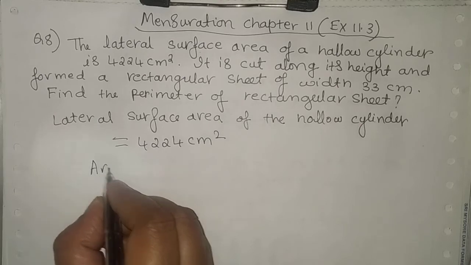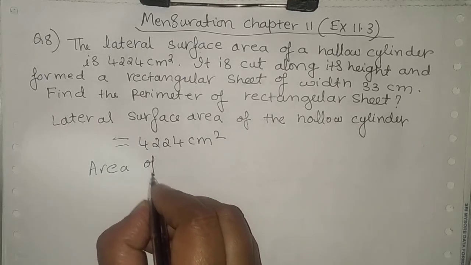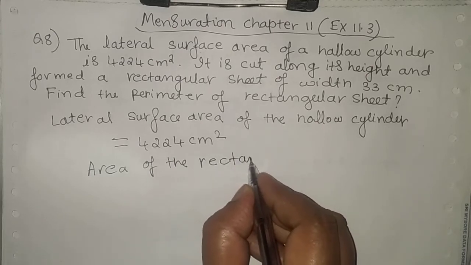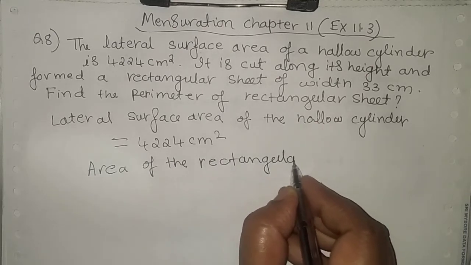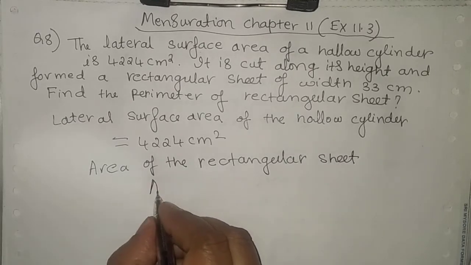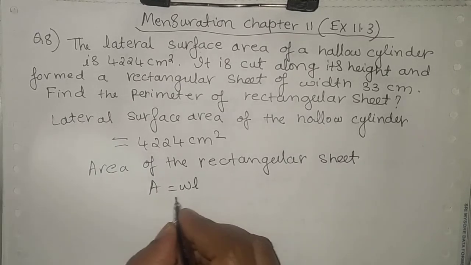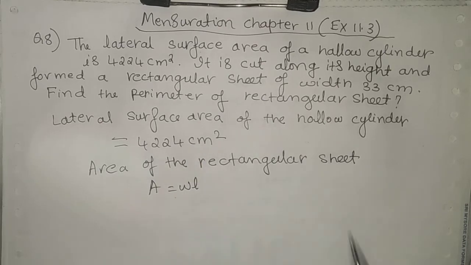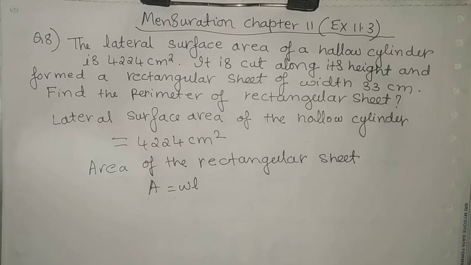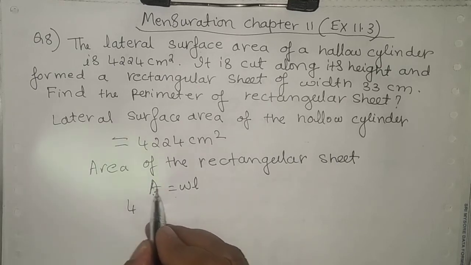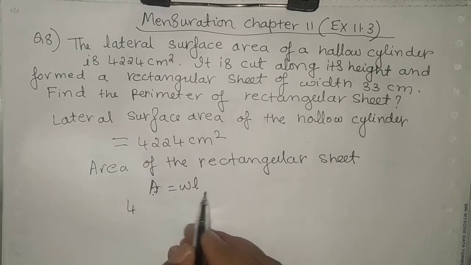Therefore, next is area of the rectangular sheet is given as A is equal to WL, that is area is equal to width into length. The lateral surface area of the hollow cylinder is given. So we'll substitute here area. So area of the rectangular sheet is A is equal to WL.